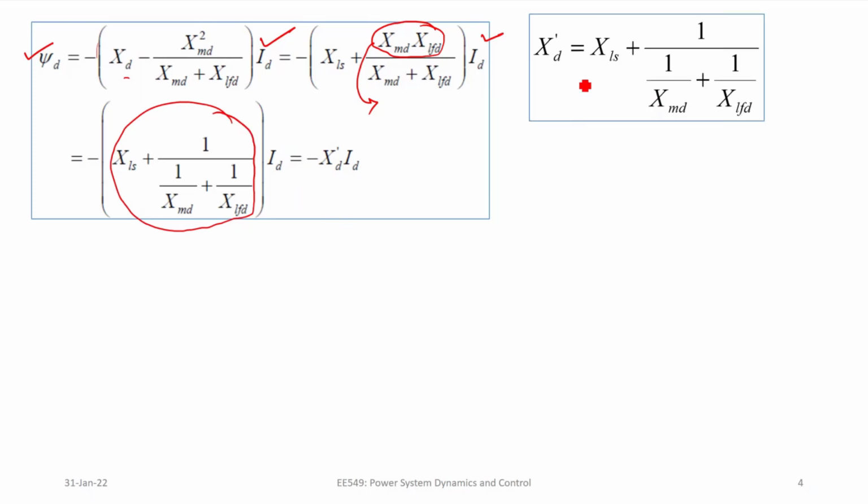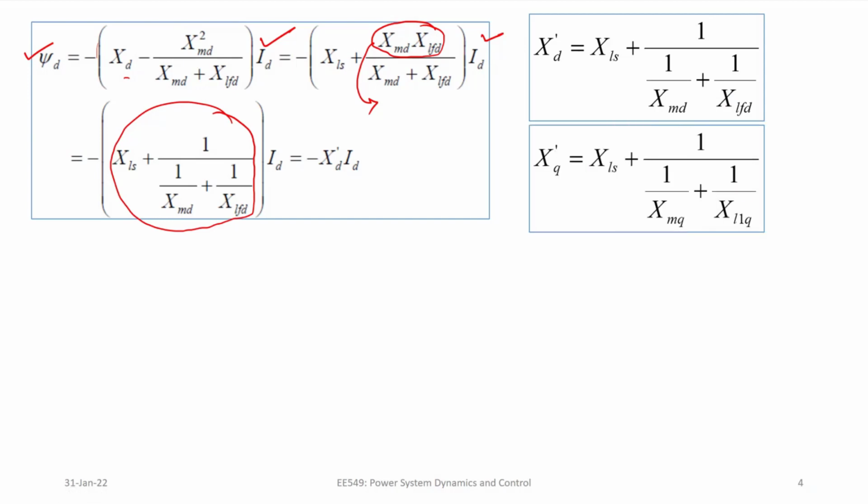So I can write the d-axis transient reactance, that is xd dash, will be equal to xls plus 1 by 1 upon xmd plus 1 upon xlfd. Okay. Now similarly we can derive xq dash.